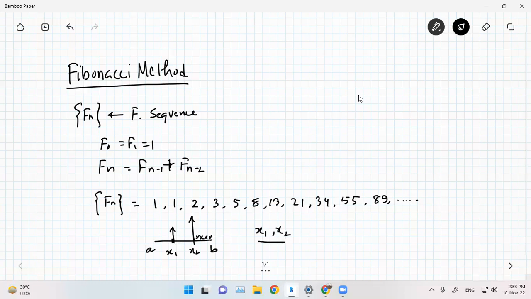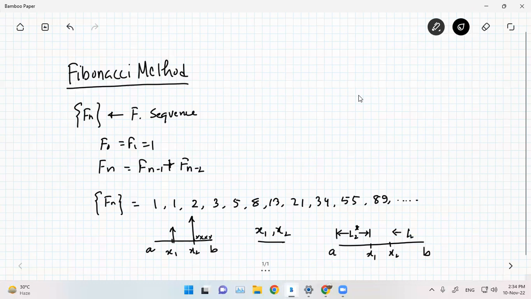So in the Fibonacci method, whatever the initial values A and B given, we'll take an interval L2 star away from A, and the same amount away from B as well. Basically, this will give you x1, and this will give you x2.